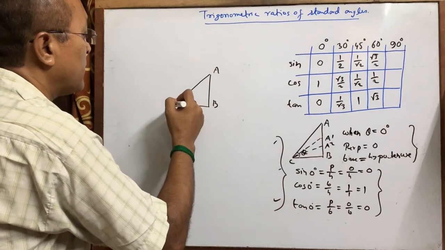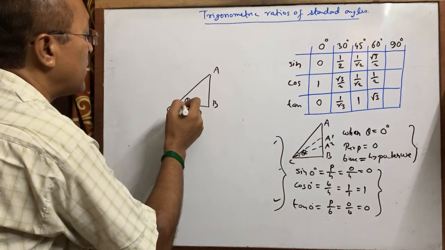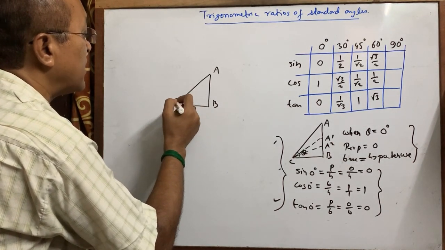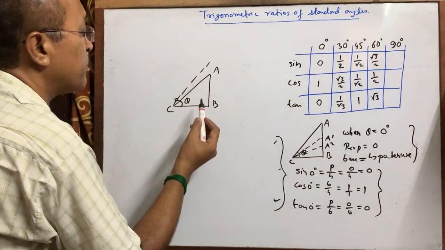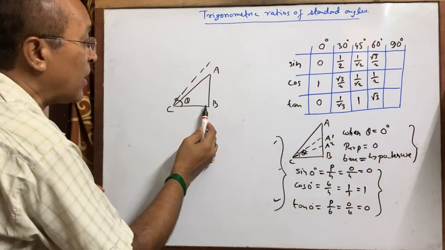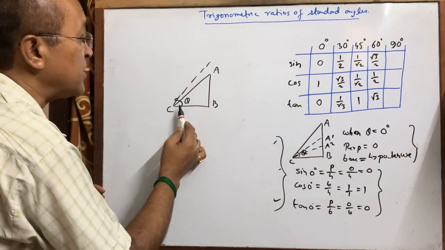Just see, when theta is increasing, ultimately B will come closer to C, isn't it?